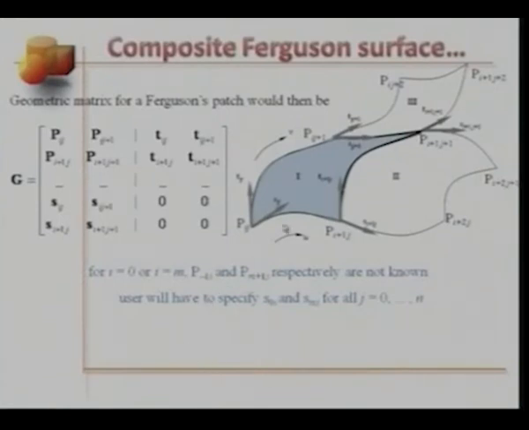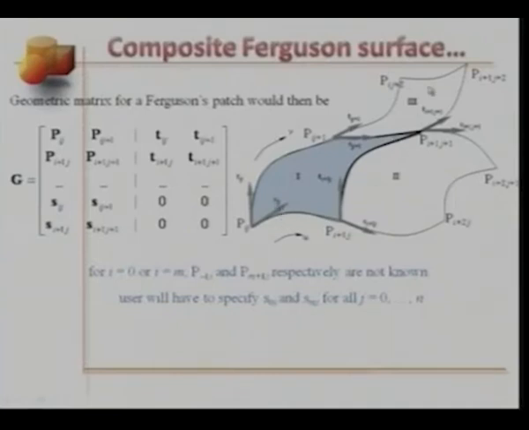That is, if you look at this figure, if I move along j, which is along the v direction here, for j equals 0, which would be somewhere here, let's say, we'll have to specify S0j's.